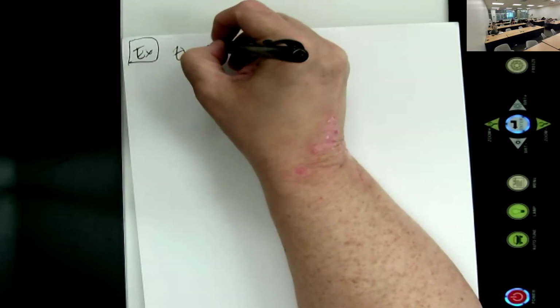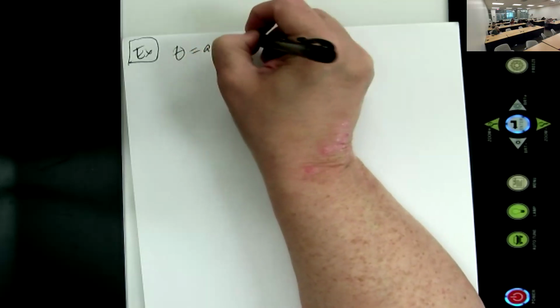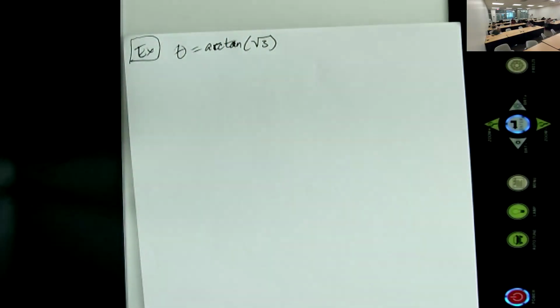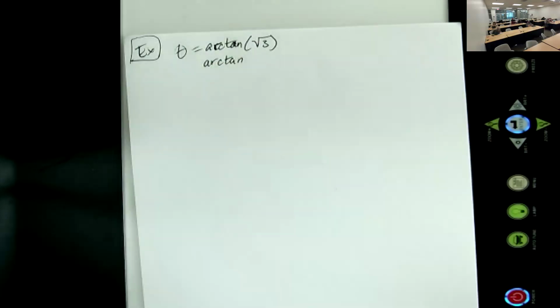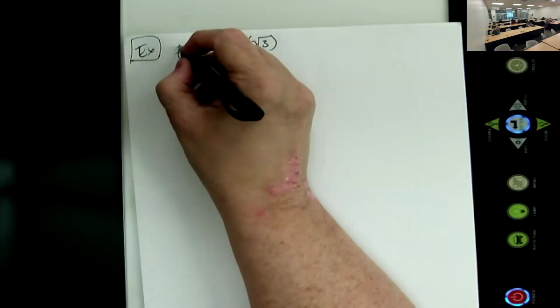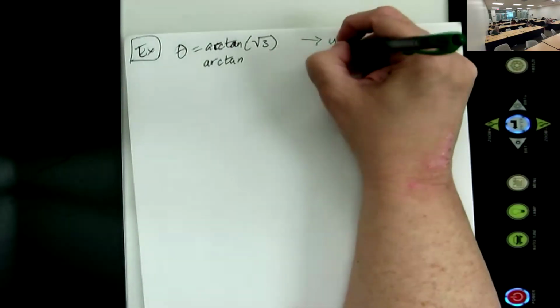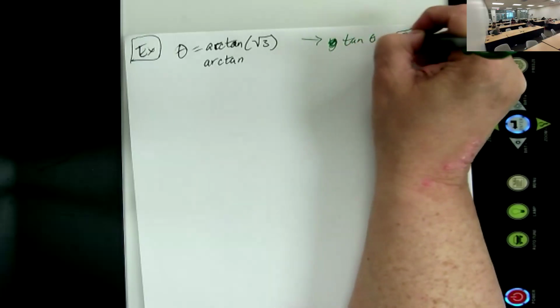Theta equals arctan of square root of 3. That should say arctan. This is like saying tangent of theta equals square root of 3.